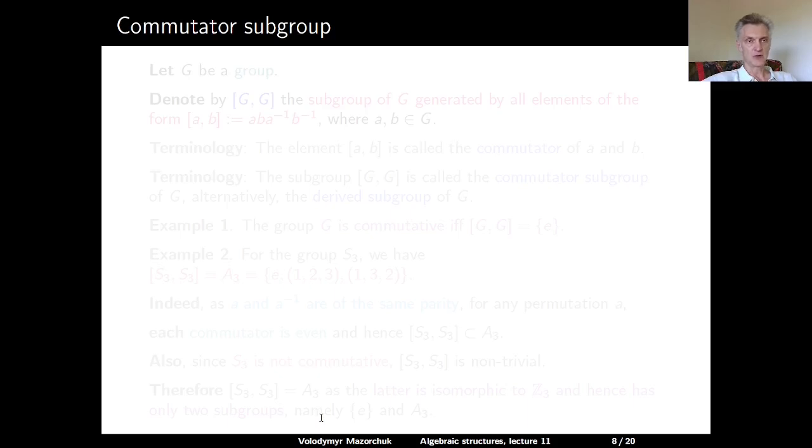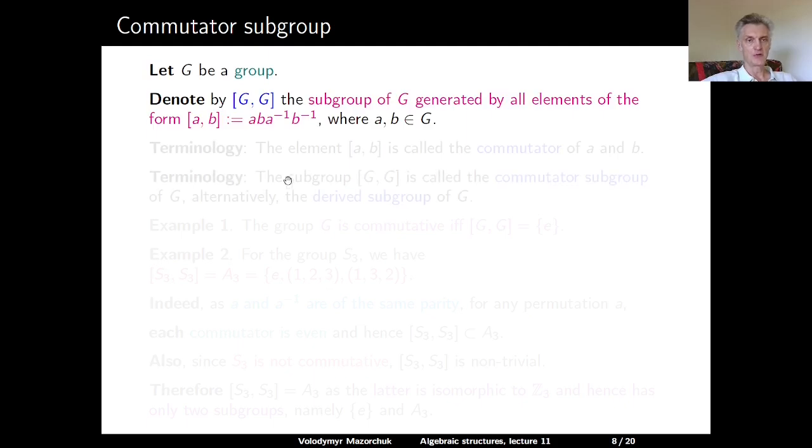Now let us talk about the commutator subgroup. Let G be a group. Denote by [G, G] the subgroup of G generated by all elements of the form ABA inverse B inverse, where A and B are elements in G. This is usually called the commutator of A and B and denoted by [A, B].